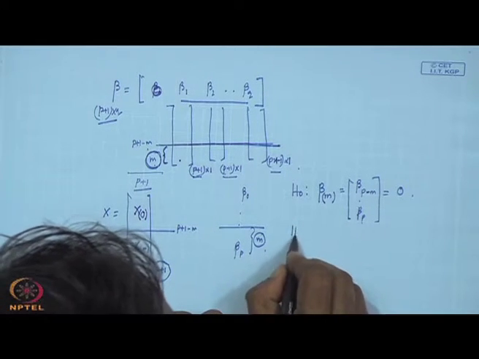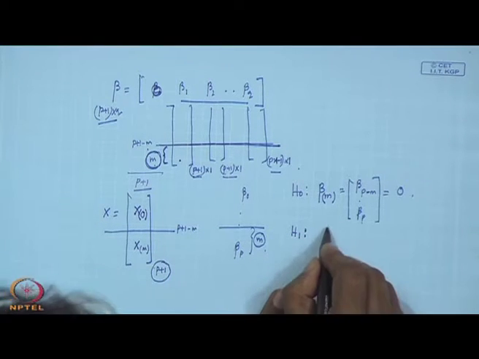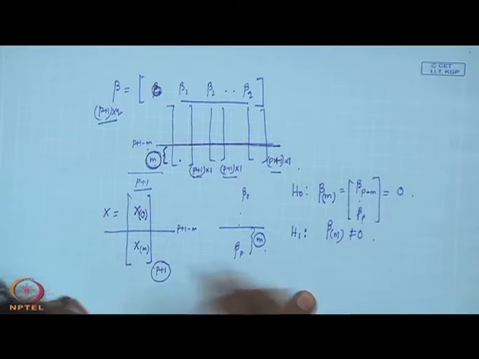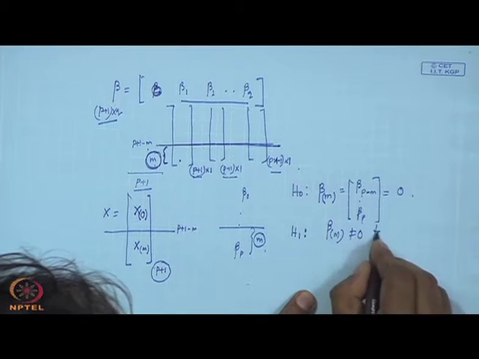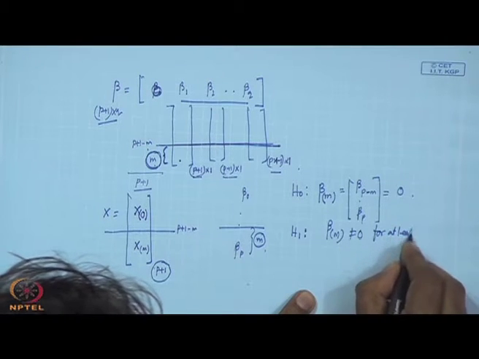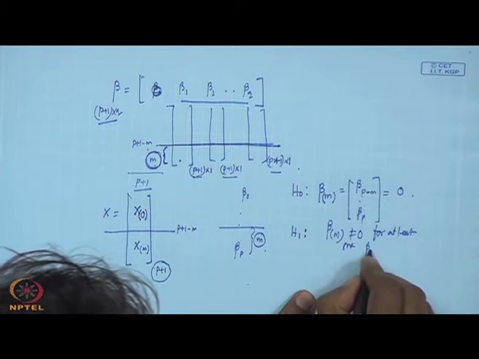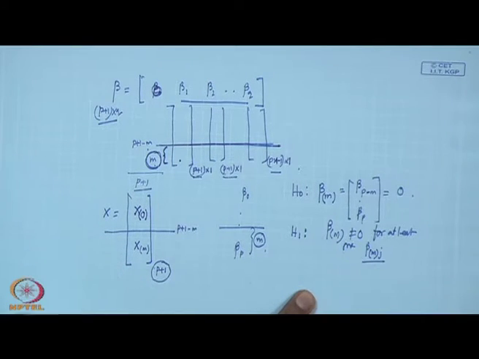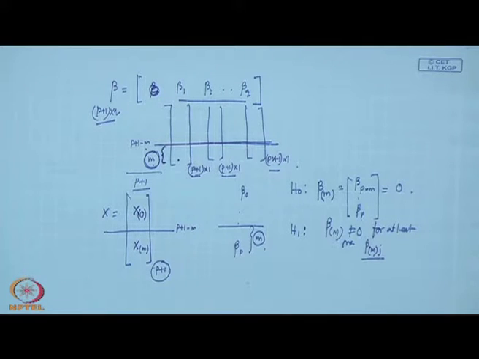Then H1 is that beta m is not equal to 0 for at least one beta m j. Okay. That means the remaining variables which you are discarding are not to be discarded, they are also contributing.